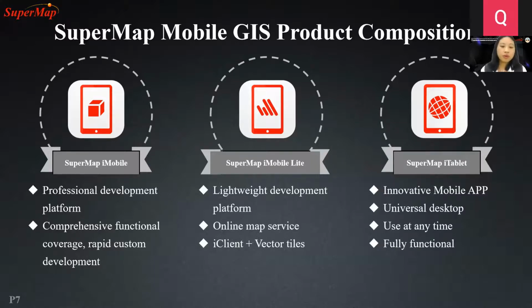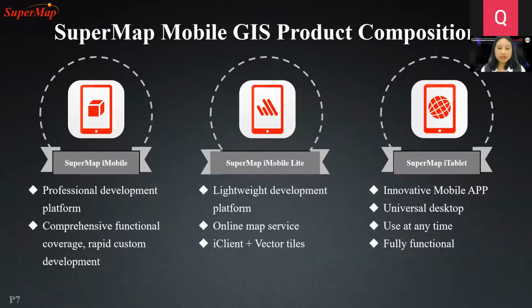SuperMap iMobile is an SDK for professional development, which can meet mobile GIS development requirements. SuperMap iMobile Lite is an SDK for lightweight development, which makes it easy to complete basic GIS applications. And SuperMap iTemplate is a mobile app developed with SuperMap iMobile.